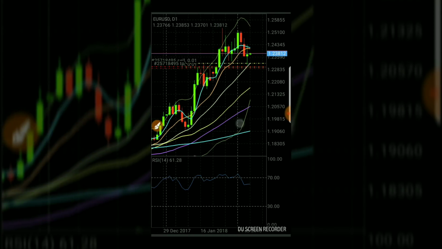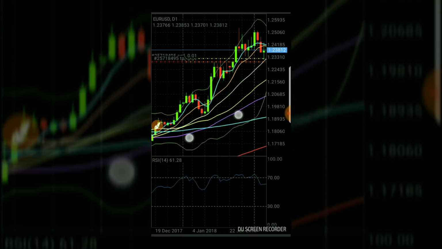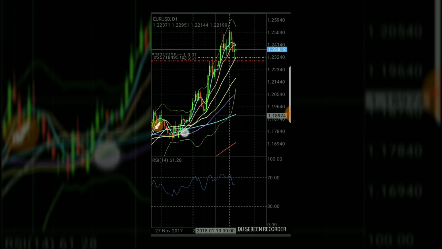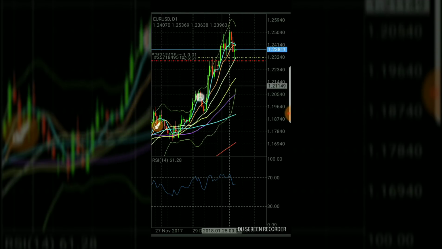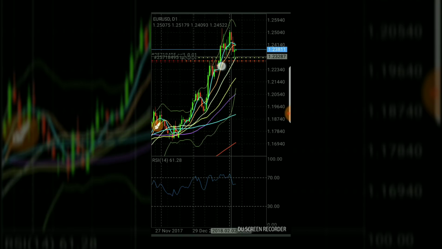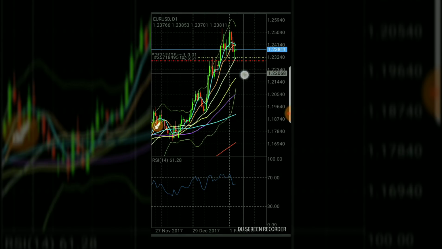We came way up from way down here, ran all the way up, held the 5, then we pulled back to the 20, ran all the way up, traded sideways into the 10, boom, and now we've dropped all the way to the 20. We're firmly under the 5 and the 10 right here. It's going to go straight down. Mark my words. Okay, there's Euro USD.